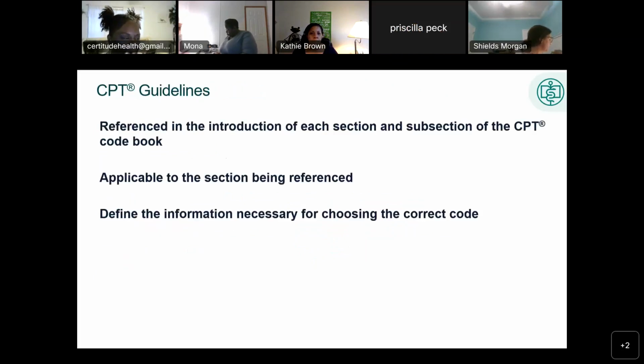The category 1 code, did I miss it? Where was the category 1? Category 1 is the first large section. So category 1 starts with the evaluation and management section, and it goes through to the end of the medicine section.